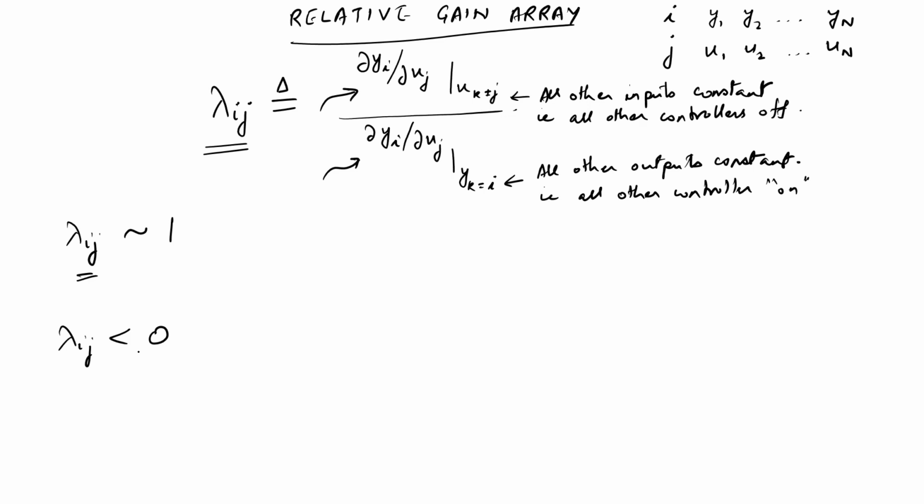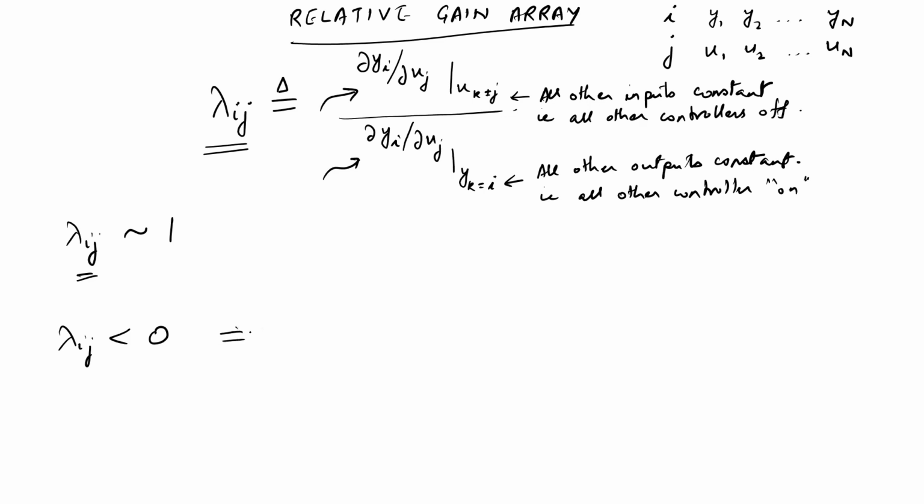Now if the relative gain is less than 0, what that means is if all other controllers are now switched on, when I increase the steam, the temperature will decrease. That's very counterintuitive. In fact, now negative feedback will become positive feedback, and positive feedback systems usually turn out to be unstable. Okay, so there is a clear issue.